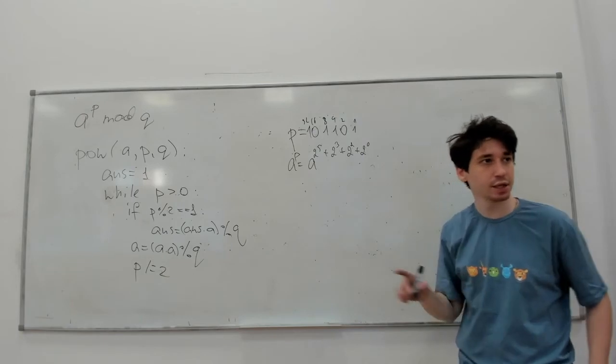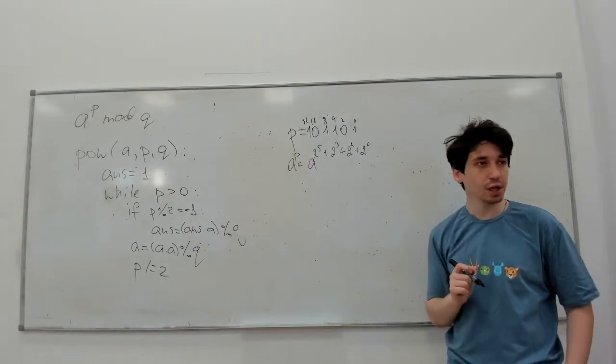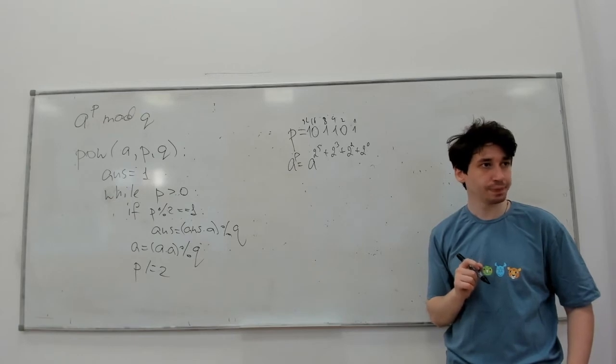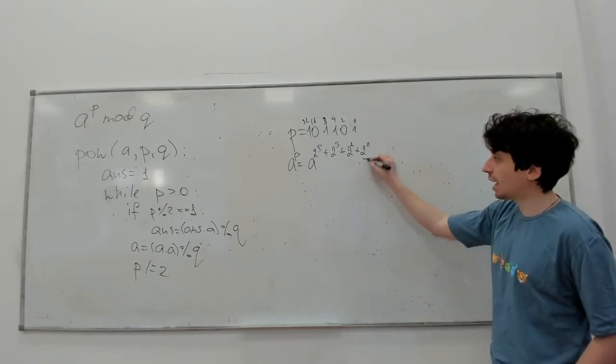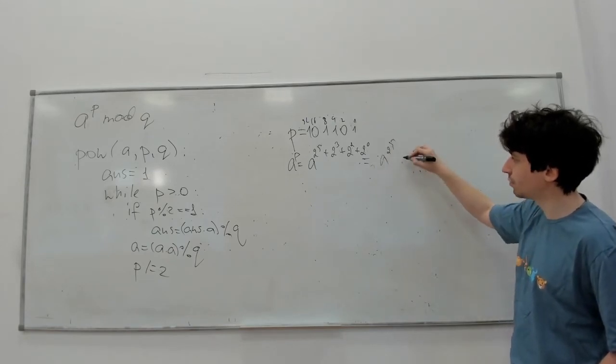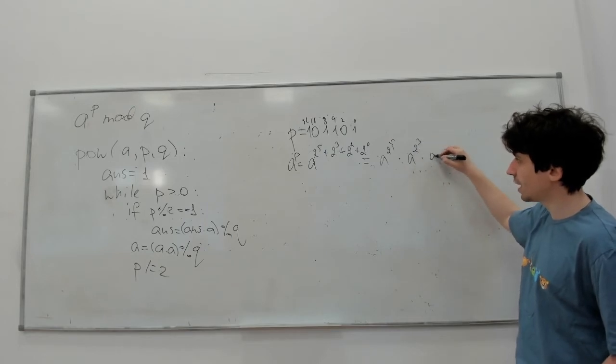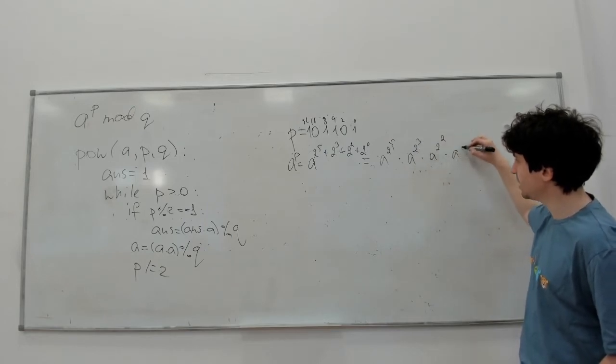So this is exactly the representation of p in the binary way. And then I separate them: a^(2^5), then a^(2^3), then a^(2^2), and a^(2^0).